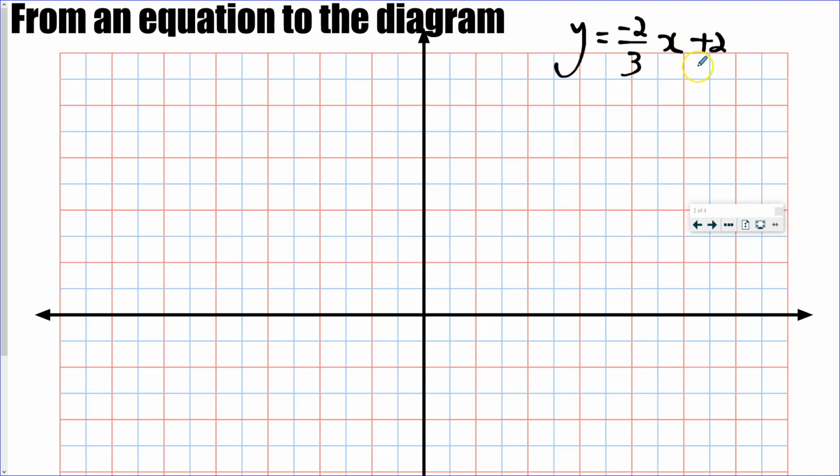So with this setting, my slope is going to be -2 over 3. So go back to the beginning. That's basically my rise over run, and my y-intercept b is going to be equal to 2.